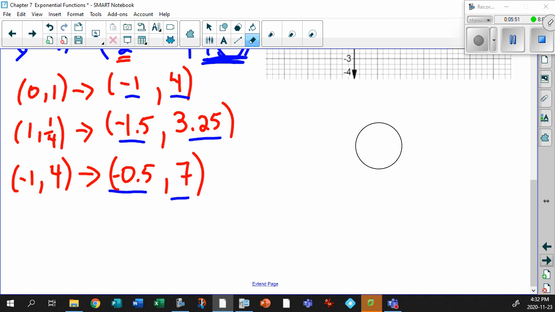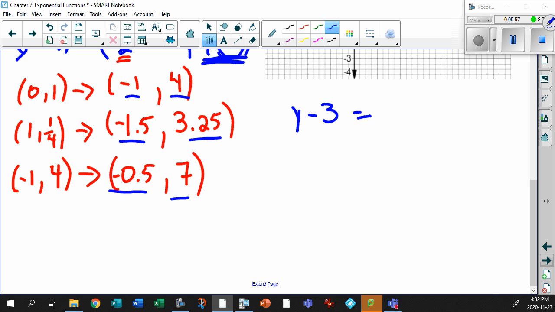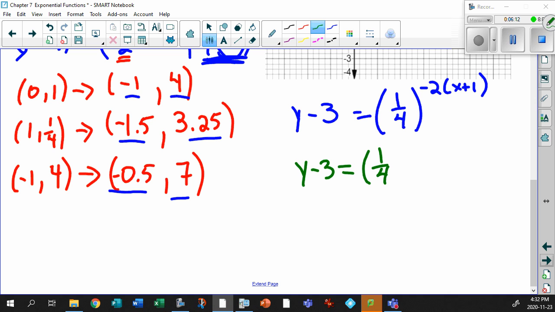Okay, here we go. So our original formula was y minus 3 equals to 1/4 to the power of minus 2x plus 1. Do you remember? Okay, y-intercept happens when x is 0. So this is still y minus 3 equals to 1/4. That's 0 now. That'll be to the minus 2. 0 plus 1 is 1. 1 times minus 2 is minus 2.